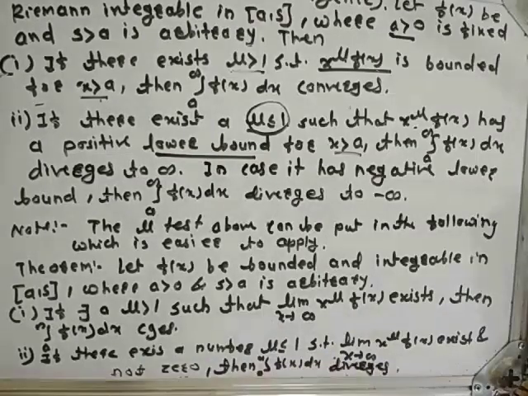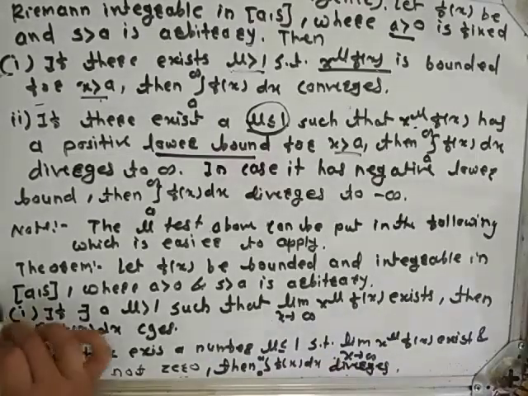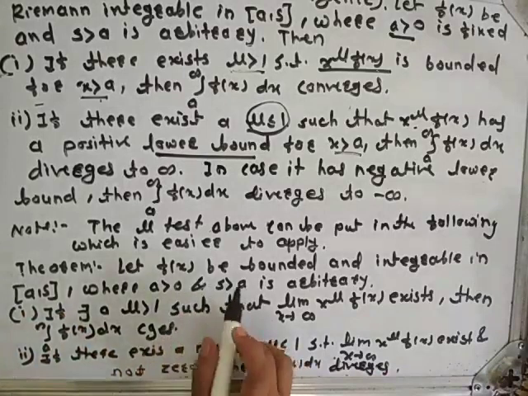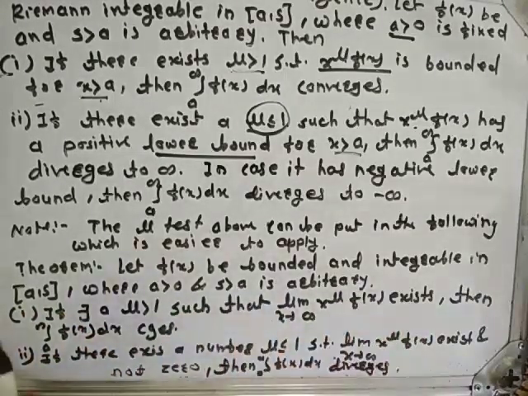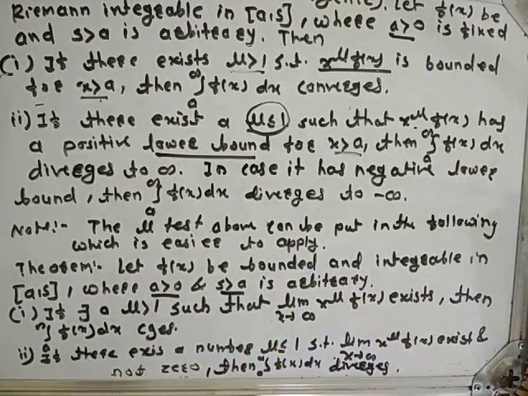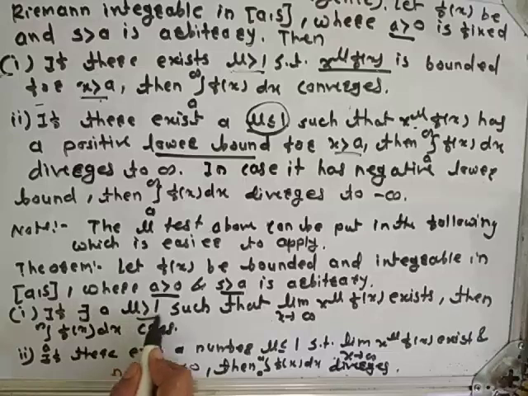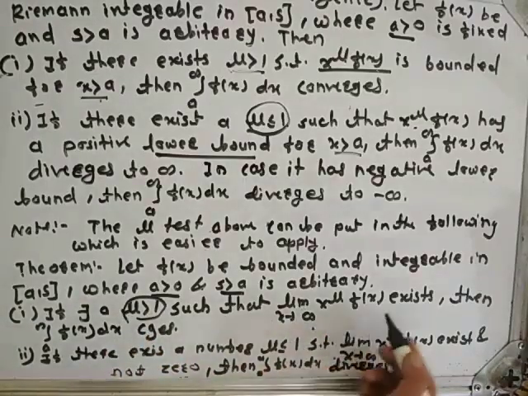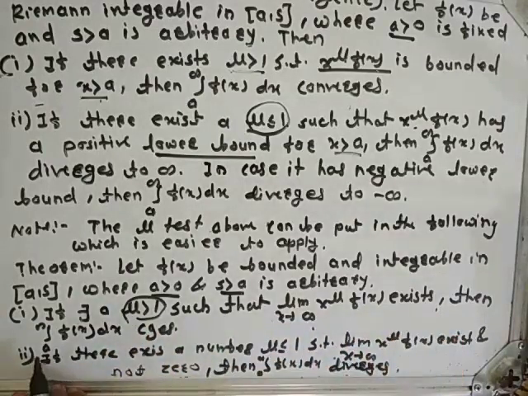See here students, this is an easy way to apply in problems. Let f of x be bounded and integrable in the closed interval [a, s], where a is greater than 0 and s is greater than a, arbitrary. If there exists a mu which is greater than 1 such that the limit x tends to infinity of x raised to mu f of x exists, then the integral of f of x dx is convergent.